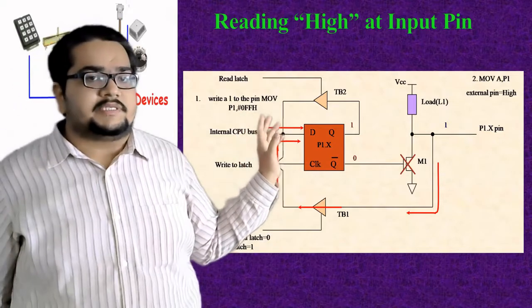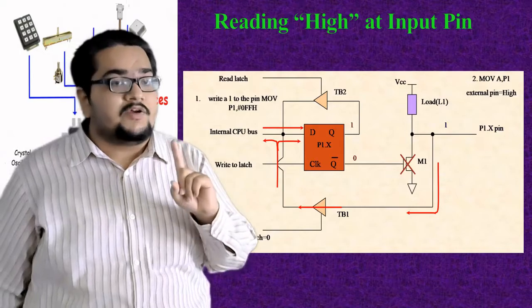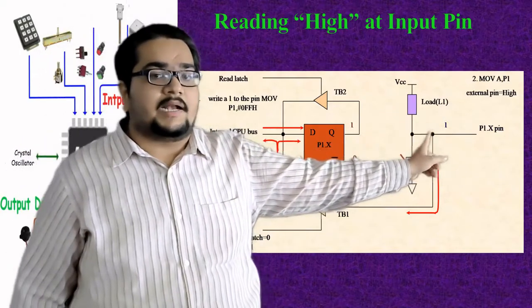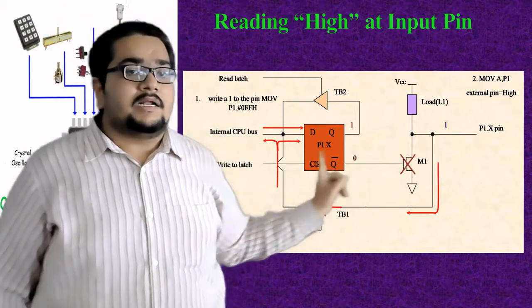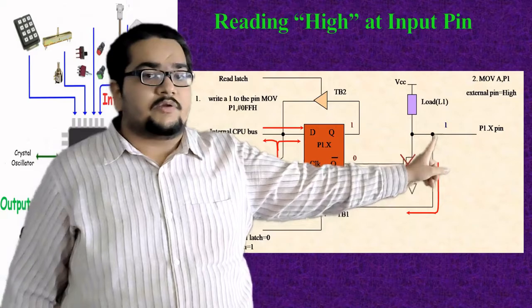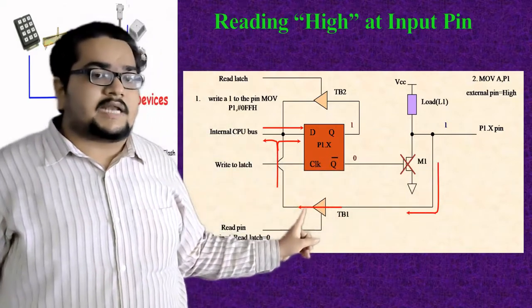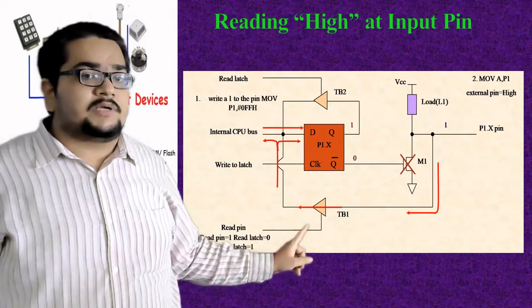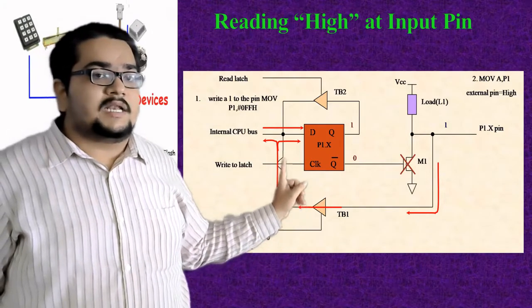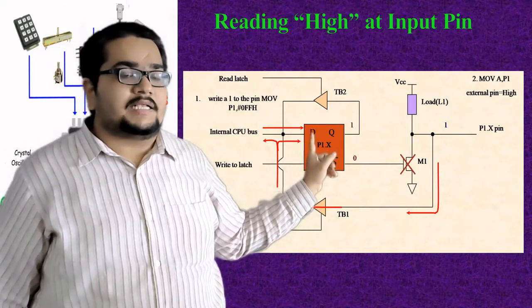Okay, here we see that we are reading, and reading what? Trying to read a high signal coming from that pin. From that pin, a high signal is coming inside, and because of these configurations, let us go here first. The logic 1 will come through this tri-state buffer. This time this particular read pin tri-state buffer is on, so it will send that signal 1 here also. That signal will travel into the D latch here.